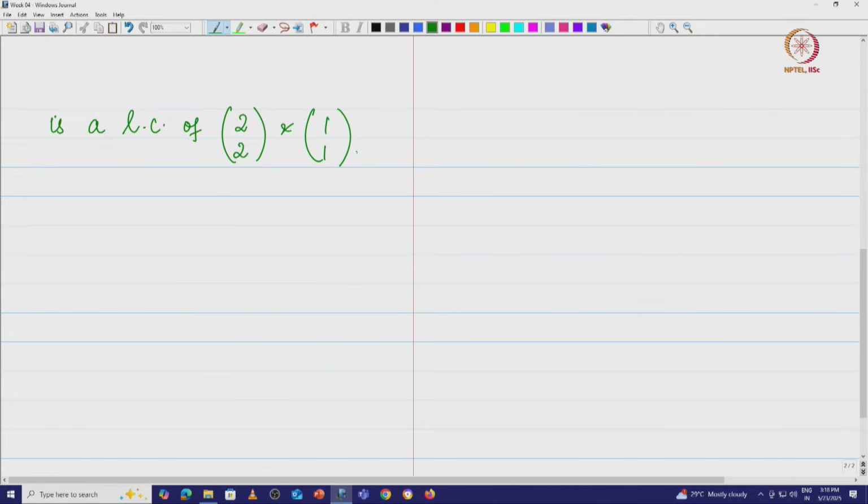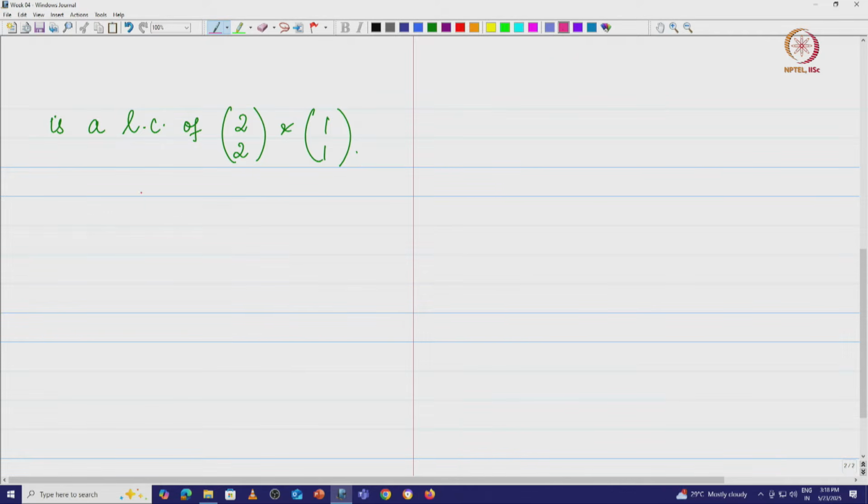Now, let us try to geometrically see what happens here and then try to get to the details of what we are going to do. So, let us try to draw this set of equations, but I am going to draw it in the vector way.